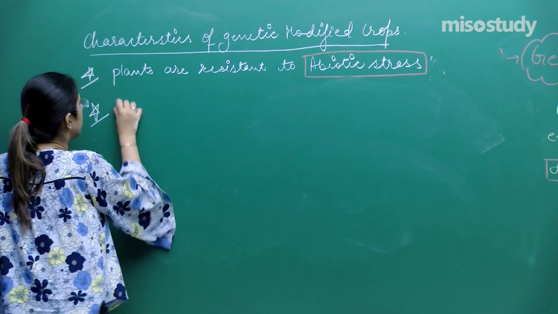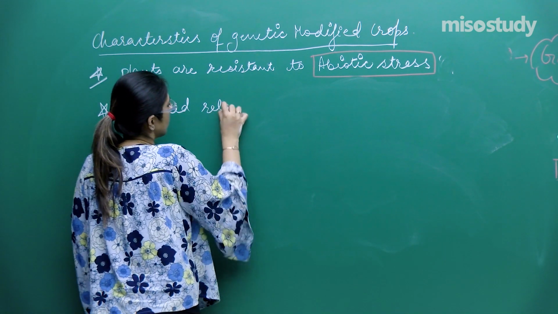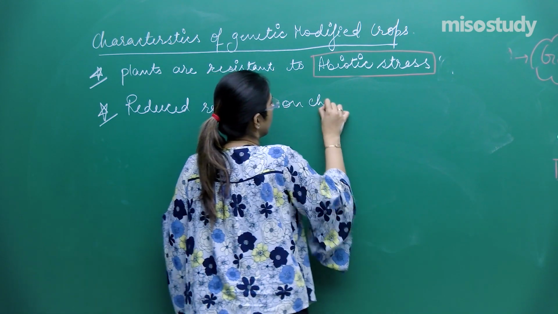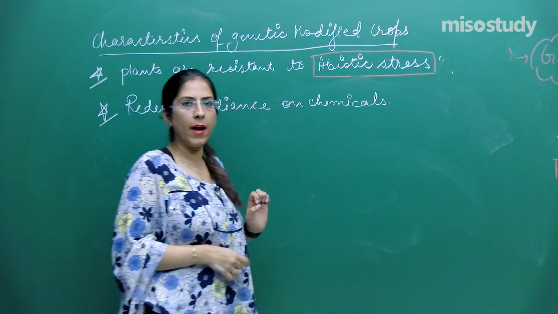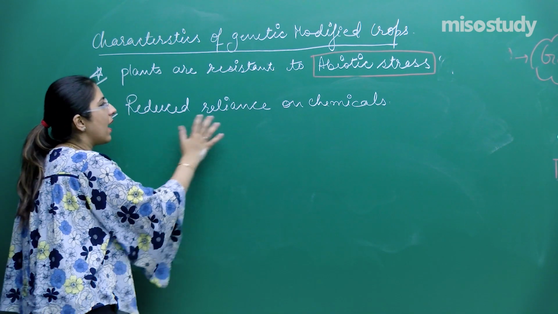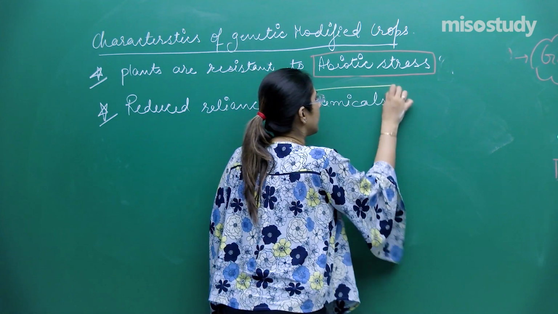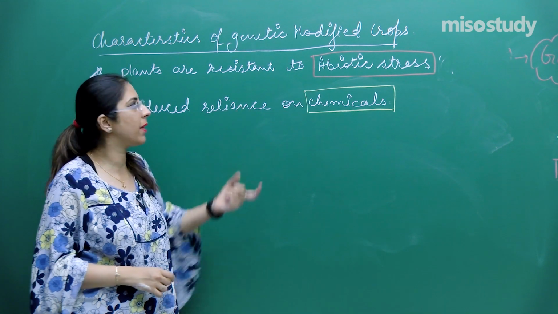Next is reduced reliance on chemicals. Right? Reduced reliance on chemicals. Let's talk about this. If we talk about chemicals, what kind of chemicals do we employ on particular plants?